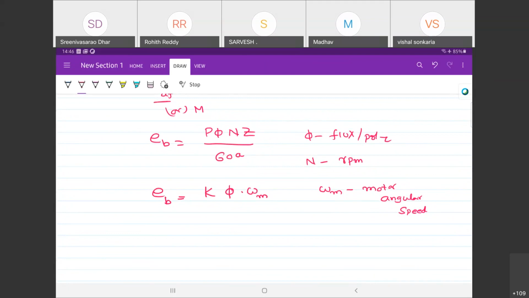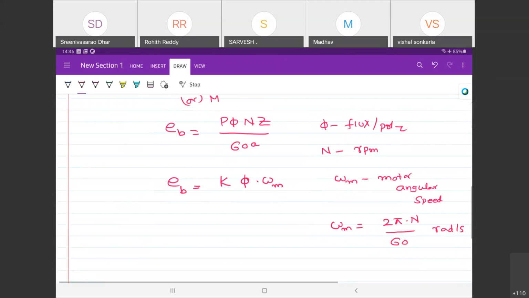Can anyone tell what is the relation between these? 2 pi n by 60. Right. You know this, right? It is 2 pi n by 60, in radian per second. The speed N is in RPM, revolutions per minute, and omega m is 2 pi n by 60.